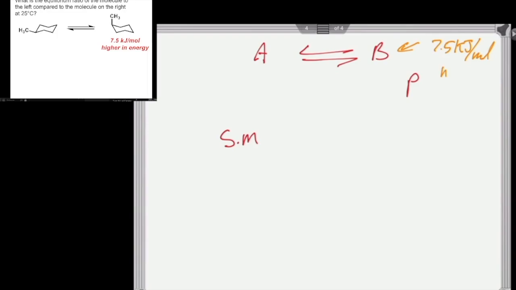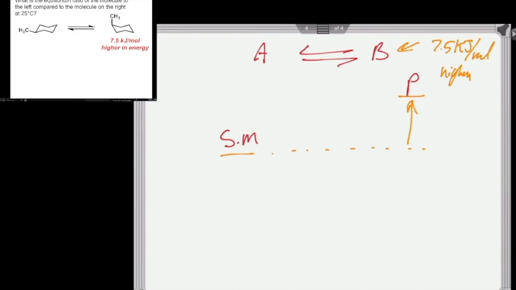All right, point is, at this point in time, when we get this up and running, you're saying, I have what we're going to call my starting material, and I'm going to go to my products. That's just defining by saying I've got something on one side and something on another. If I said this is 7.5 kilojoules per mole higher in energy, this diagram should look like starting material, product, and what is this value that I'm saying higher?